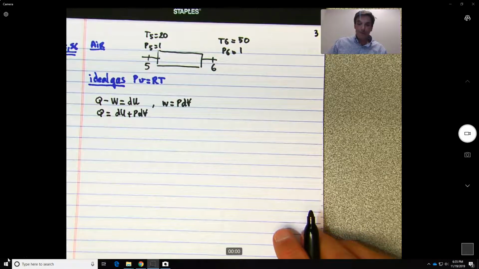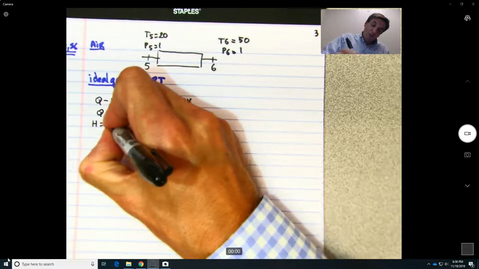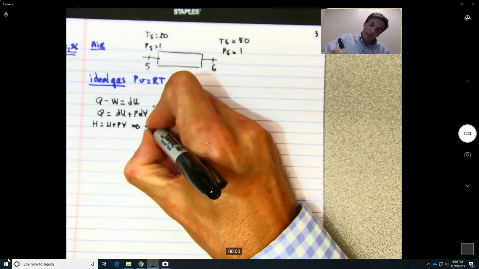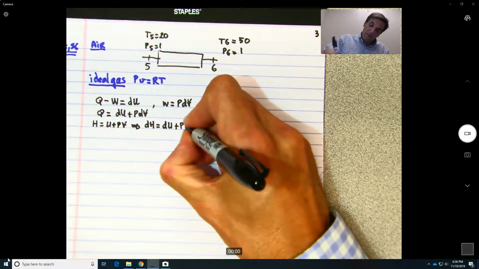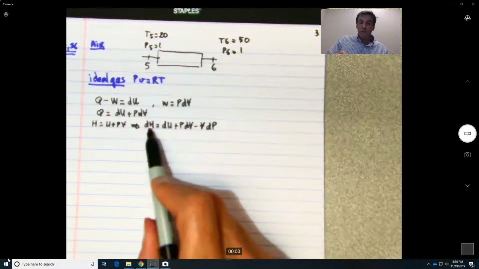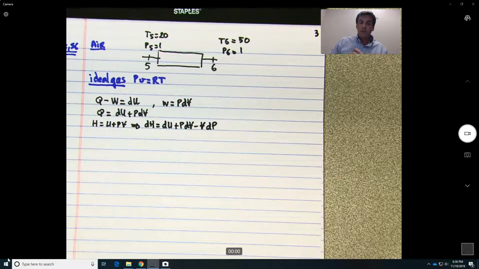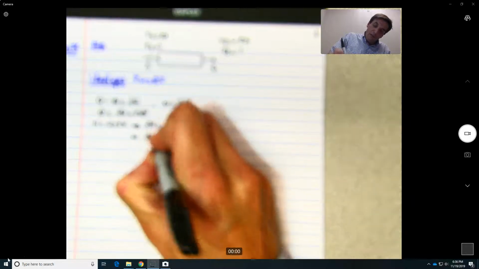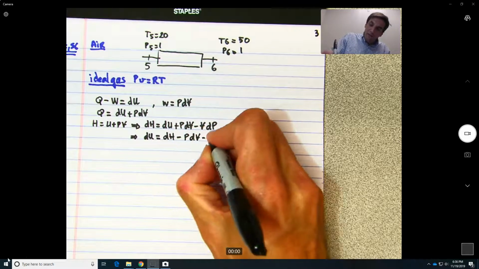And then if you define H as being equal to U plus PV, you find out that the total derivative dH is equal to dU plus P dV plus V dP. So if you substitute this dH, you rewrite the dU over here, so basically this will mean that dU is equal to dH minus P dV minus V dP.